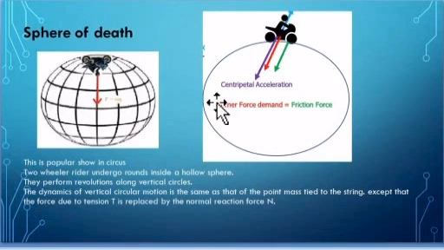Two-wheeler riders go round inside this hollow sphere. They perform revolutions along the vertical circle. Now this vertical circular motion is the same as that of the point mass tied to a string, except that the force due to tension T is replaced here by the normal reaction.